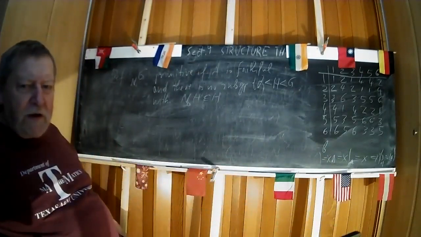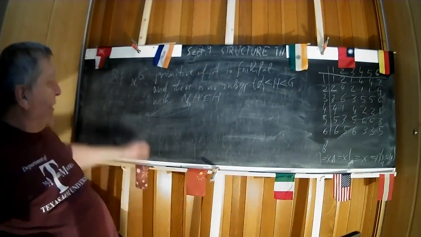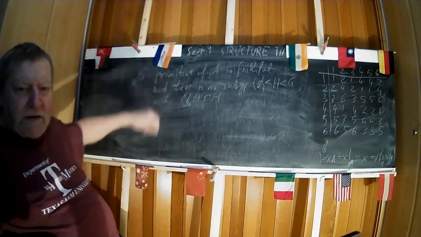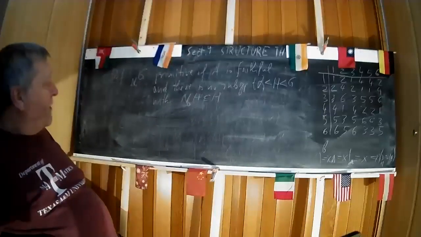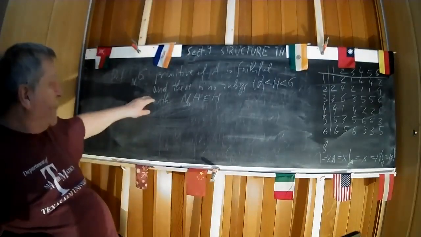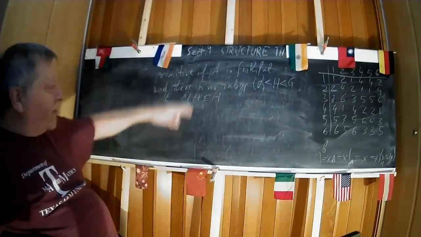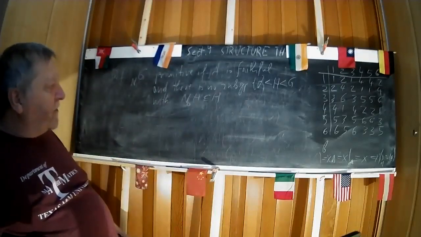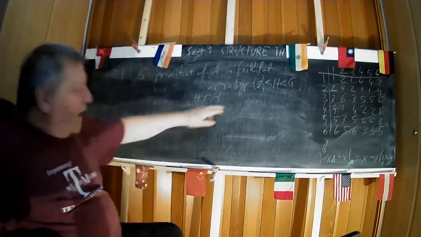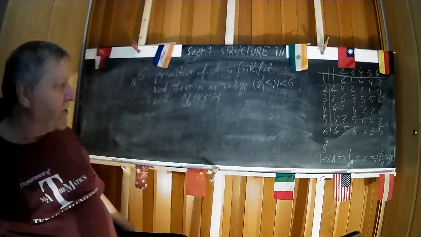If you consider the case of rings and ring modules, one also has the concept of a primitive module, and one says that the ring module is primitive if it's faithful, and if this module doesn't have any proper submodules.